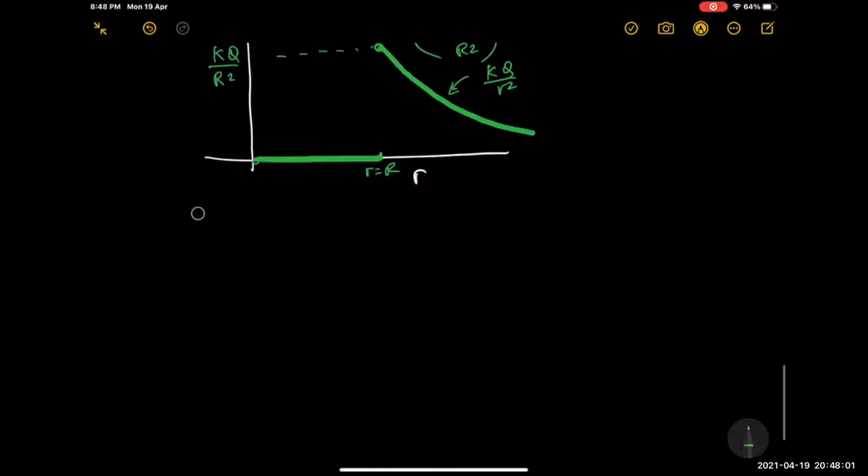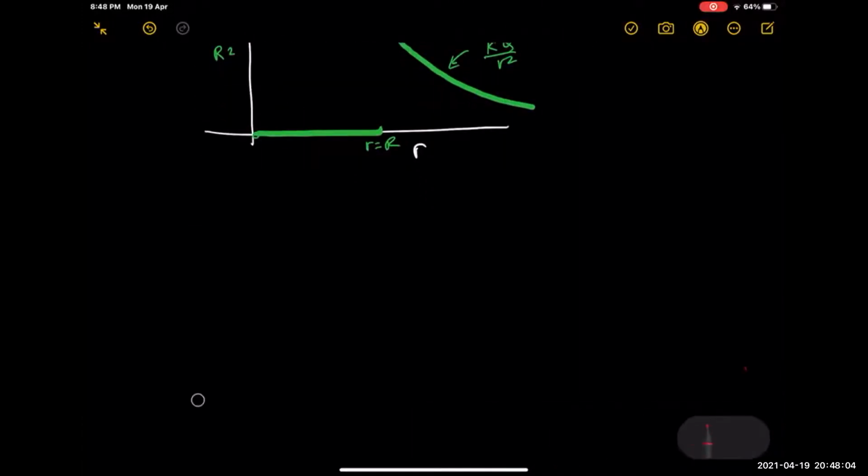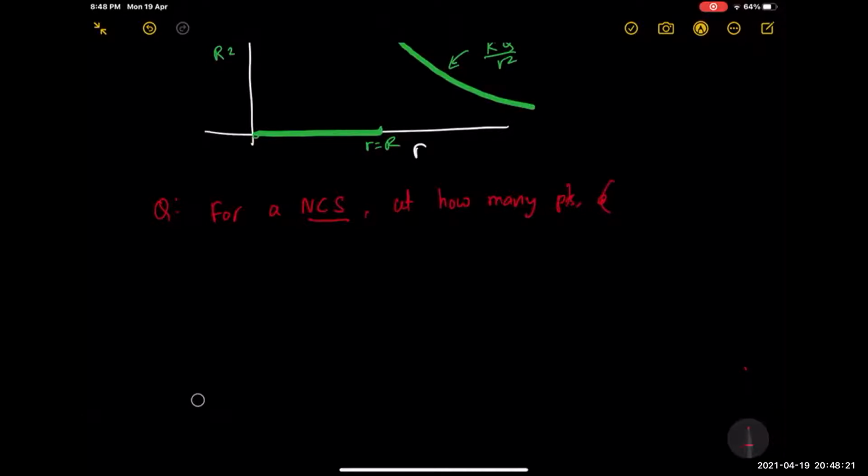For a non-conducting sphere, at how many points, and whatever number of points, also find their distance from the center, is the electric field equal to electric field at surface divided by 2?